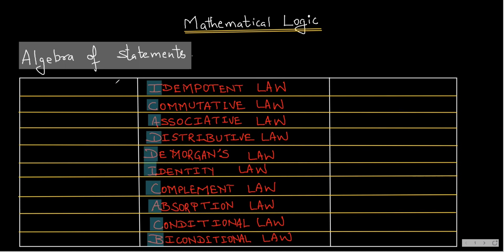Now here I have prepared a table for you. In this table, in the central column, I am giving you the name of the laws, and in these two columns, that is left hand side and the right hand side column, I will give you examples, that is how those laws are being used.